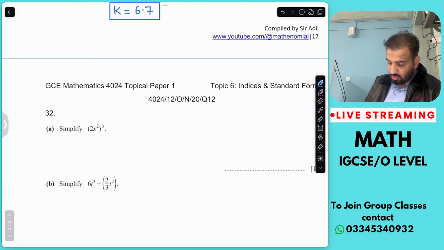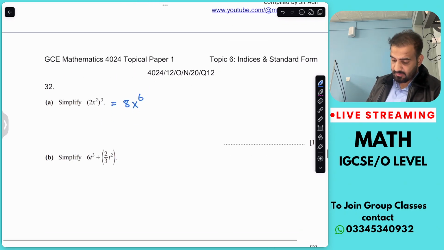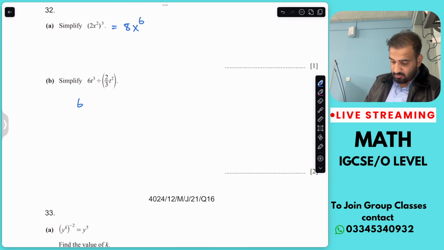2 cube x square cube will be 8x raised to power 6. 6t cube. Write multiply instead of divide and turn this fraction. So 3 over 2t square.